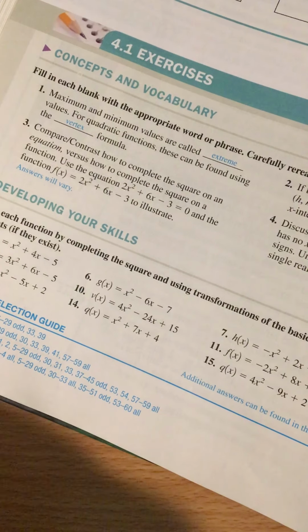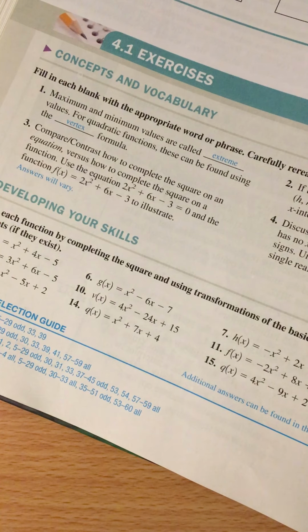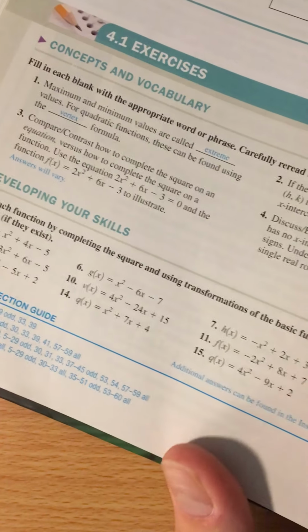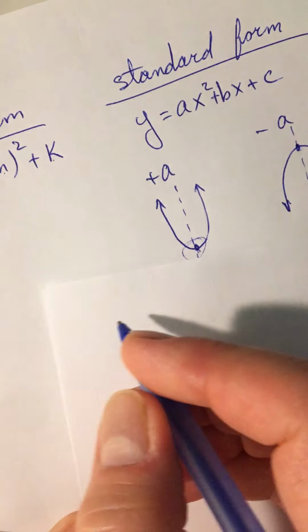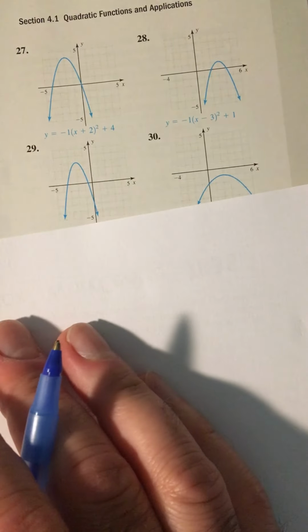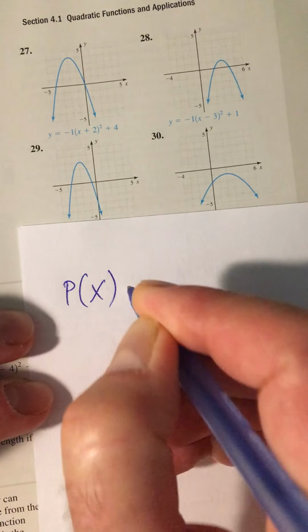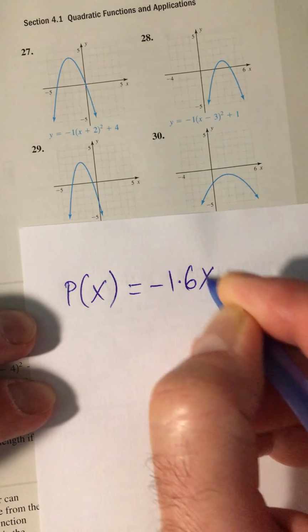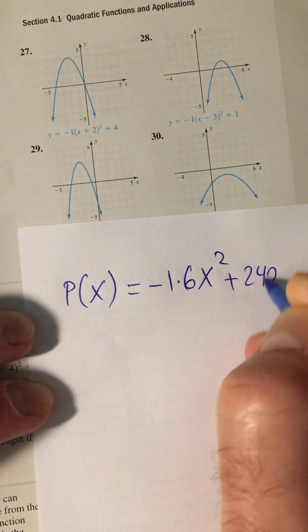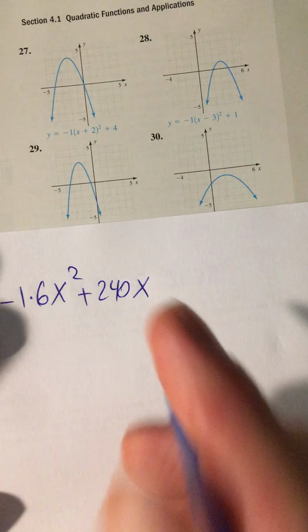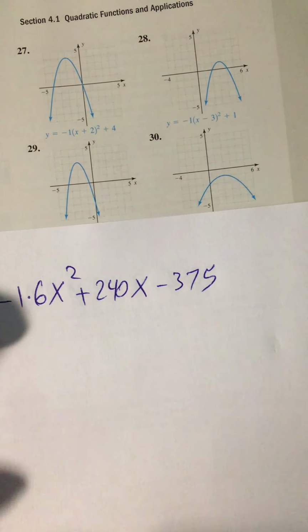Okay, so how do we find the y-intercept? The profit equation is given to you by negative 1.6x squared plus 240x minus 375.